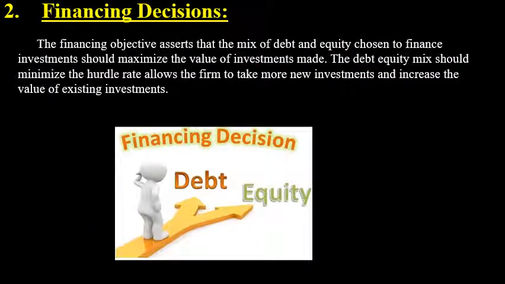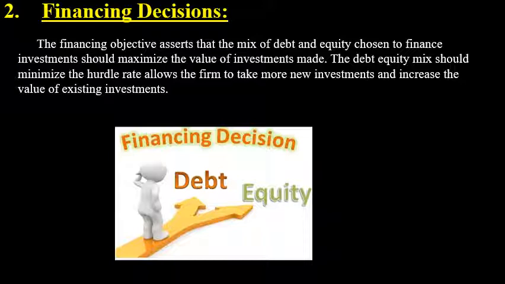So the next part of a modern approach is the financing decision. Of course, the investment decision, financing decision and dividend decisions are taken together. In that, one of the decisions is the financing decision itself.